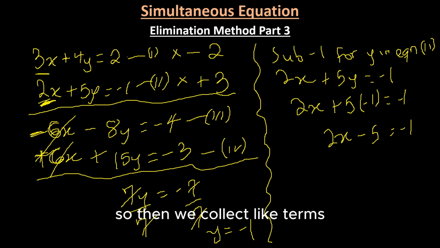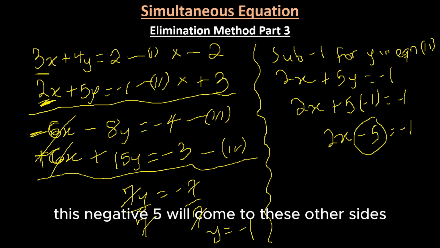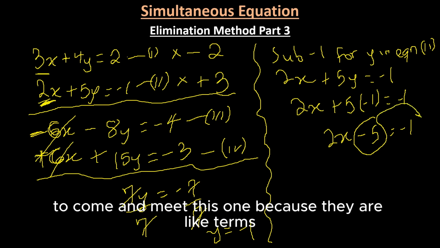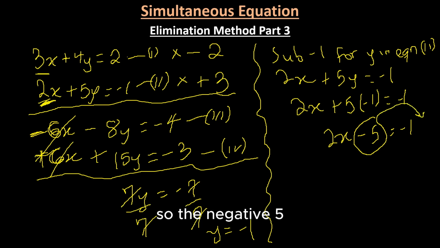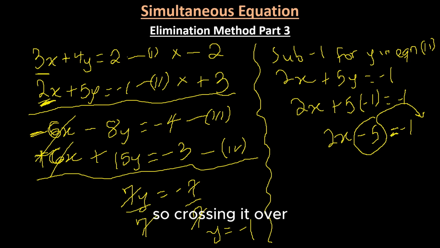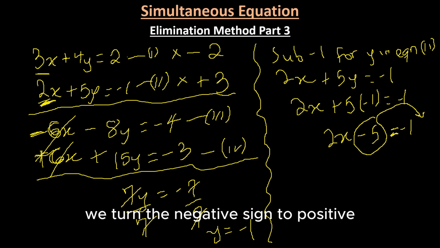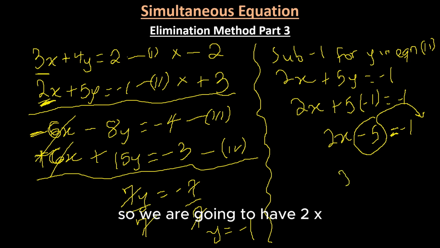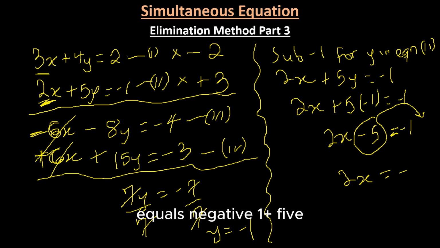Then we collect like terms. Collection of like terms means this -5 will come to this other side because they are like terms. So the -5 will have to cross this equality sign. Crossing it over, we turn the negative sign to positive. So we're going to have 2x equals -1 plus 5.